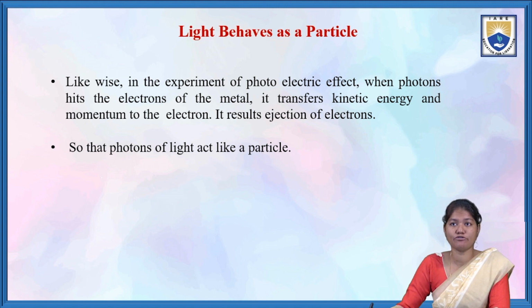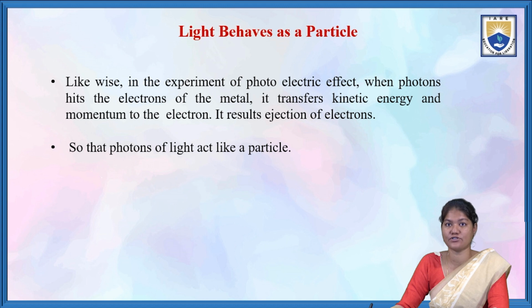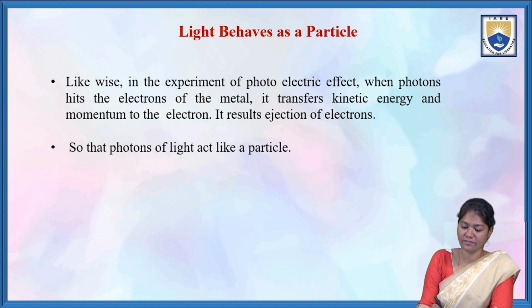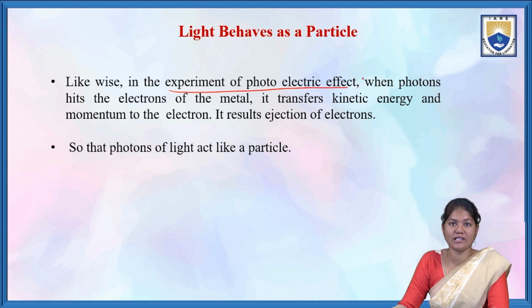Likewise, in the experiment of the photoelectric effect, when photons hit the electrons of the metal, they transfer kinetic energy and momentum to the electron. So it results in the ejection of electrons, called photoelectrons. So photons of light act like particles. Here we are talking about the photoelectric effect experiment, which we discussed briefly in the previous session.